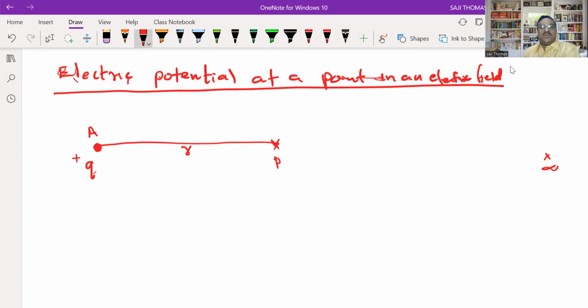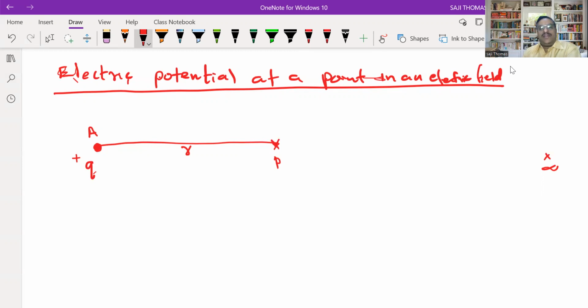So what is the definition for electric potential at a point? Electrostatic potential at a point in an electric field is defined as the amount of work done to bring a unit positive charge from infinity to the point P without acceleration.